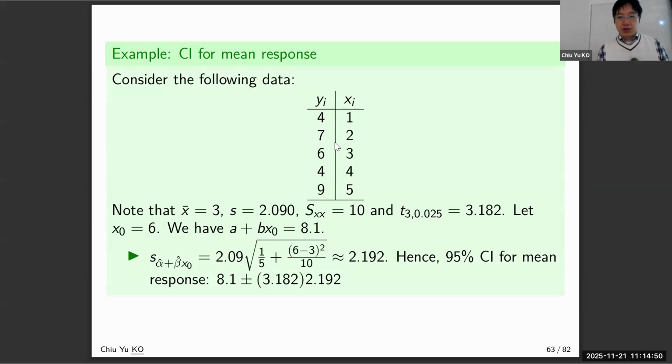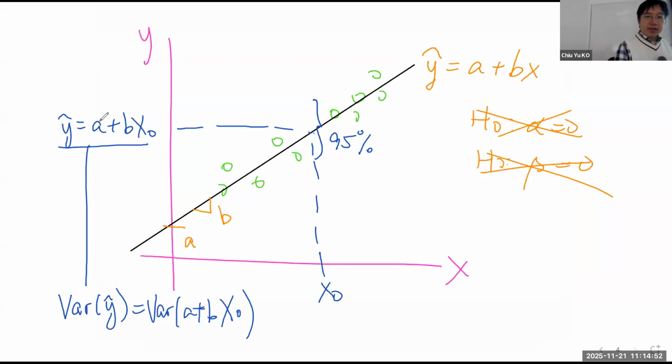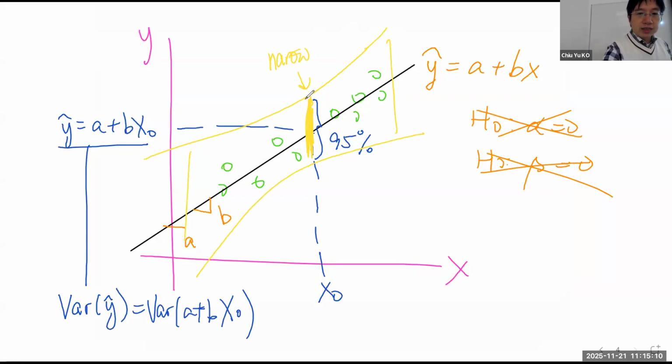But I want to tell you a lasting thing: if you try to draw the confidence interval, something will happen like this. This is very narrow here, and this is very wide. It's narrow when it is near x bar.